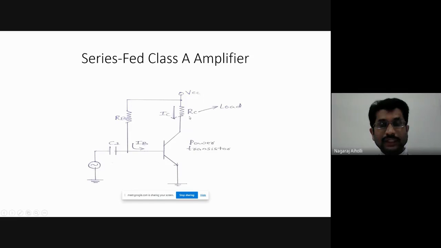Power is equal to V into I. That is VCC into the collector current at the operating point, ICQ. That gives the DC power that is applied to the circuit.